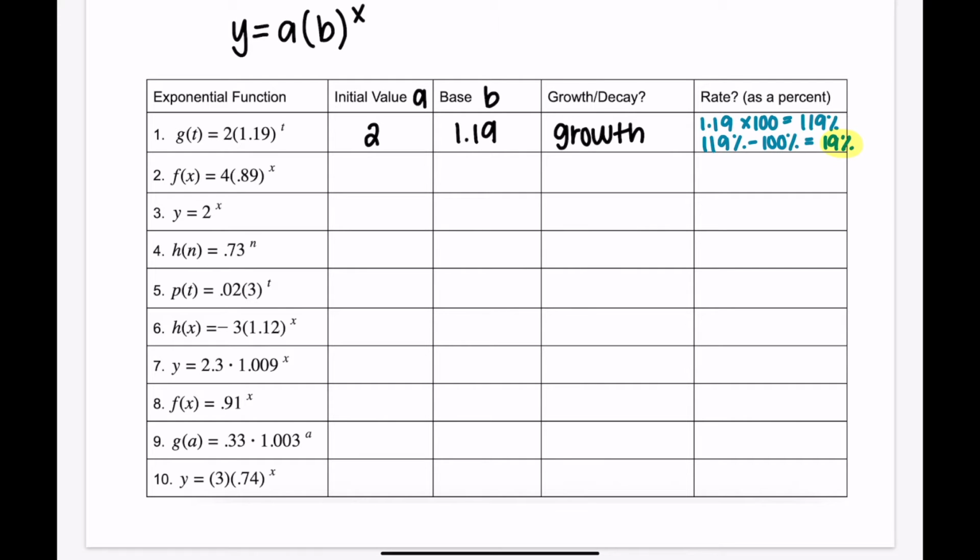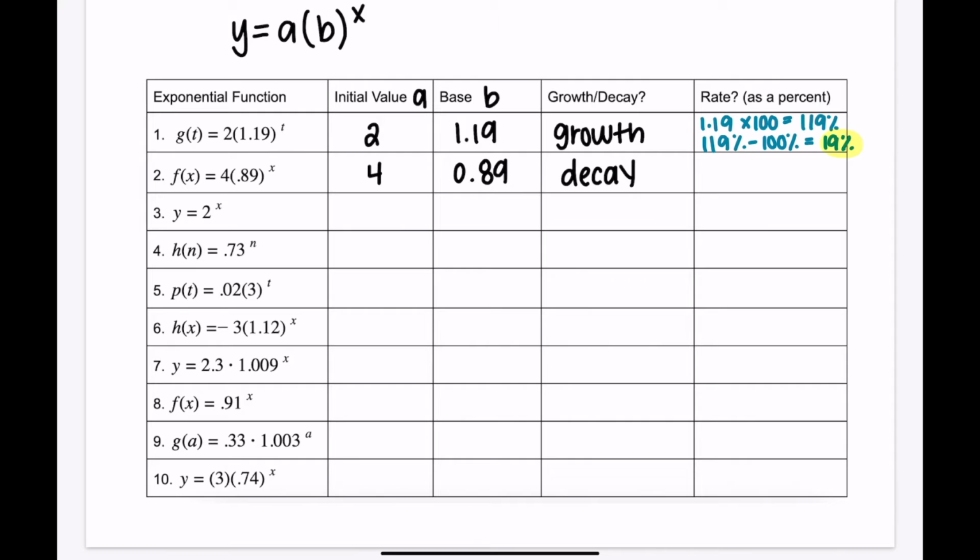Okay, let's look at number 2. Here we have an initial value of 4. The base is 0.89. Since this is less than 1, that represents decay. How would we find the rate of growth or decay?